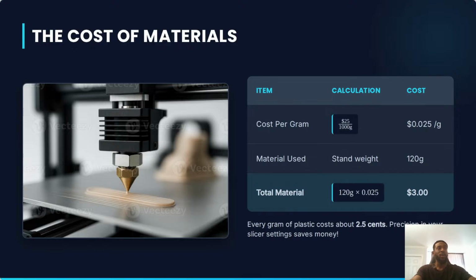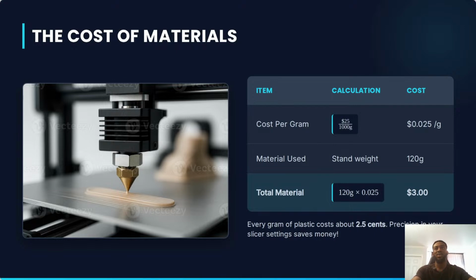So if you're using 120 gram of material, it's going to cost you 120 times 0.025, which is $3. So the total cost of material that you're going to be using for the headphone stand, if it is 120 grams, is going to be about $3. So the material cost is exactly $3.